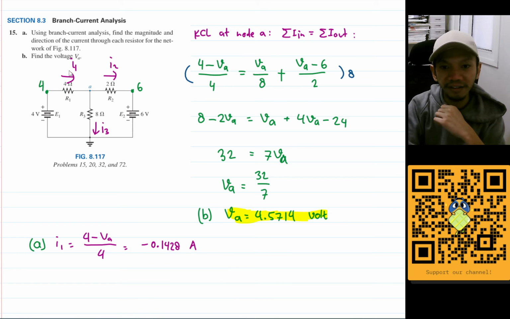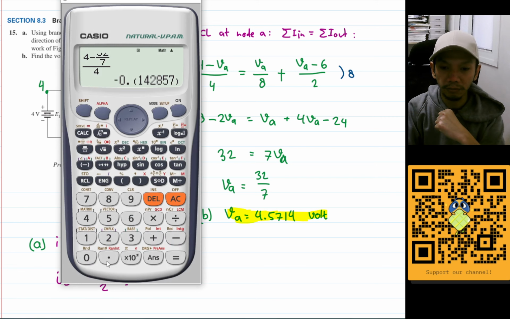So I1 is actually going to the left with the magnitude of positive 0.1428. And then I2 is just VA minus 6 divided by 2.